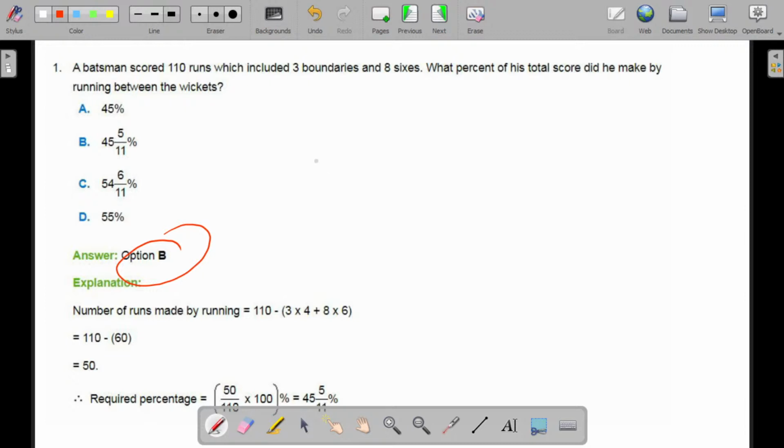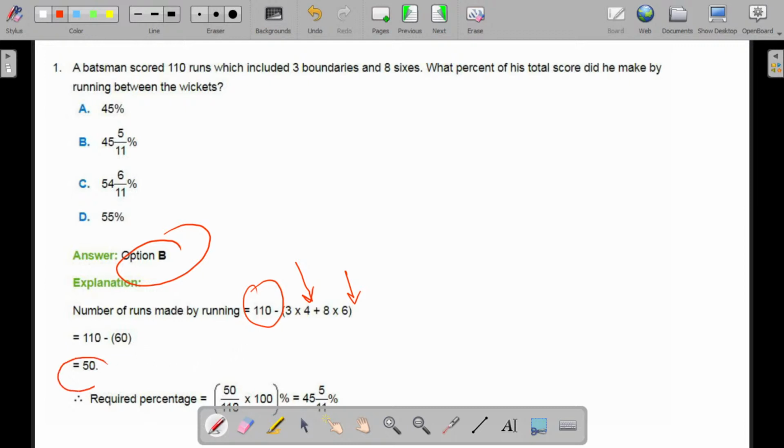The correct option is B. It is a very simple problem. 110 is the total score, and in that, how many boundaries? Three boundaries, 3 into 4, and 8 sixes, 8 into 6. So 48 plus 12 is 60.